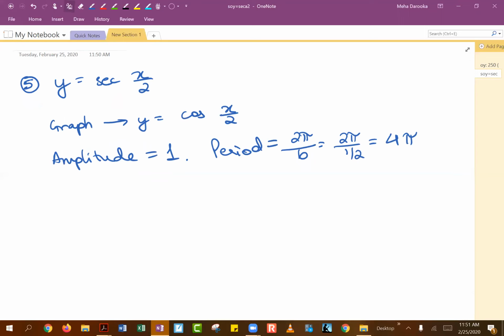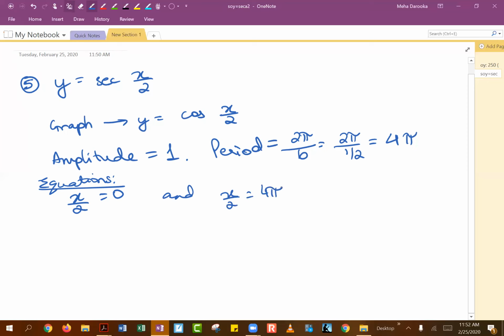So in our case, what is the bx minus c here? Start by 0, and this is where we do our little equations. And since your period is 4 pi for this guy, your next one would be set equal to 4 pi.